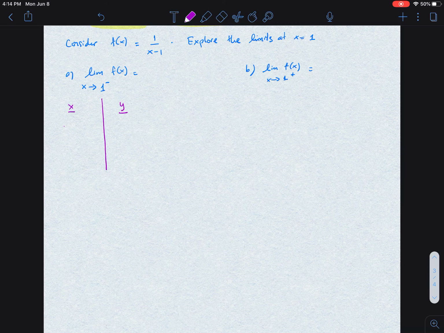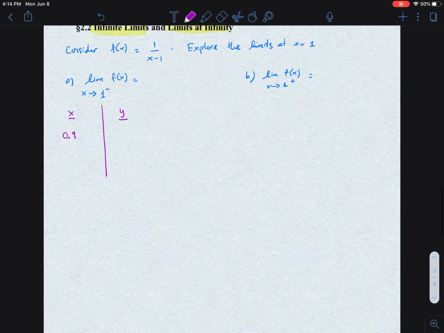So let's look at maybe x equal to 0.9. If x equals 0.9, then y is 1 over 0.9 minus 1, so 1 over negative 0.1. What is 1 divided by negative 0.1? That's going to be negative 10. So if x is 0.9, then y is negative 10.